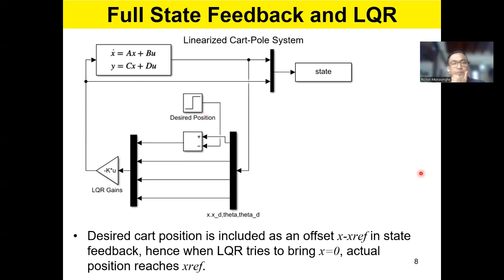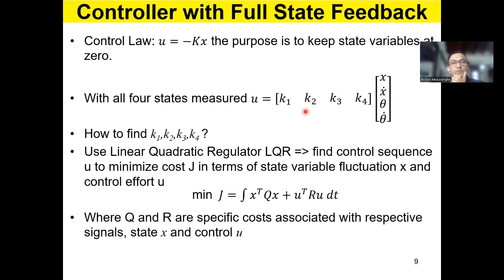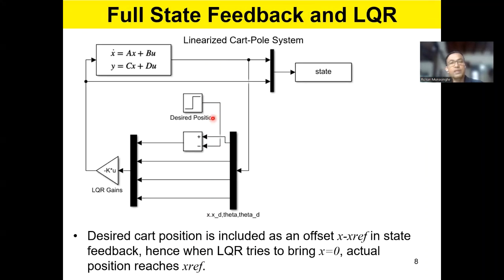Okay, right. Now, this works with the full state feedback. The linear quadratic regulator here uses full state feedback. You can see it over here. The Simulink model produces 4 states, and all these 4 states go as input to the linear quadratic regulator.